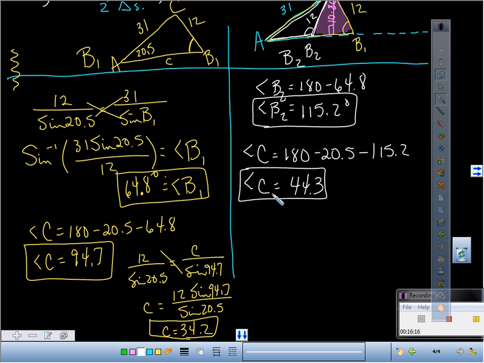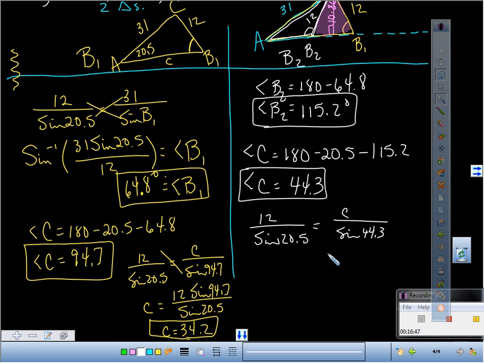Okay, so now we're going to find side C on this guy. So I'm going to say, again, I'm going to use that 12 is to the sine of 20.5 as C is to the sine of 44.3.